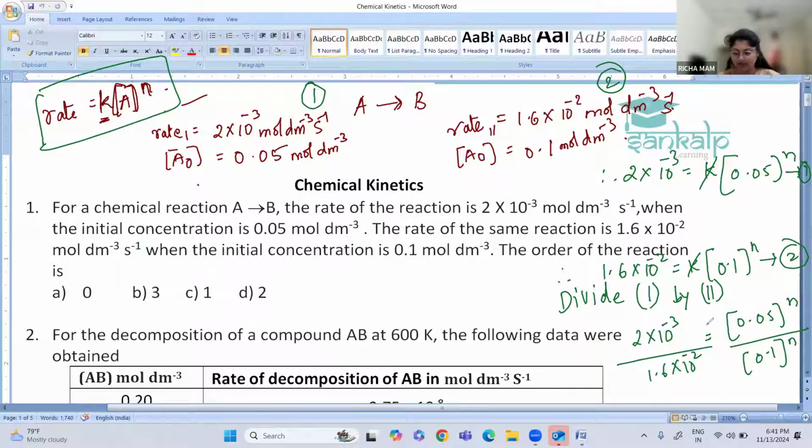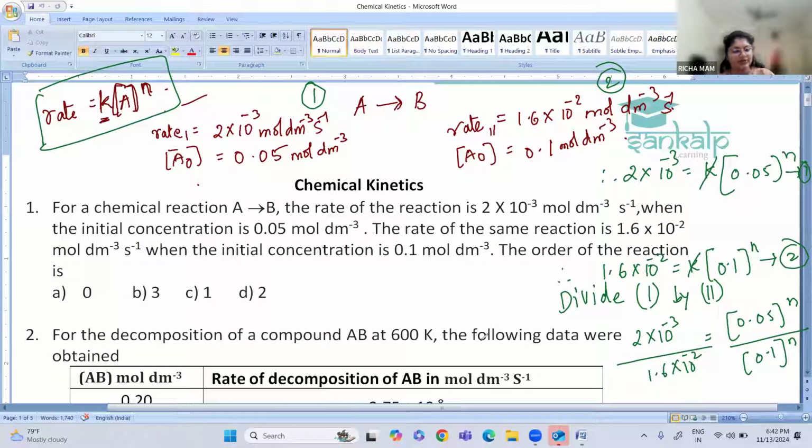So just find out. So 0.3 into 10 raised to 2 into 10 raised to minus 3. What are you trying to answer? Find out the answer here. Divided by 0.016.